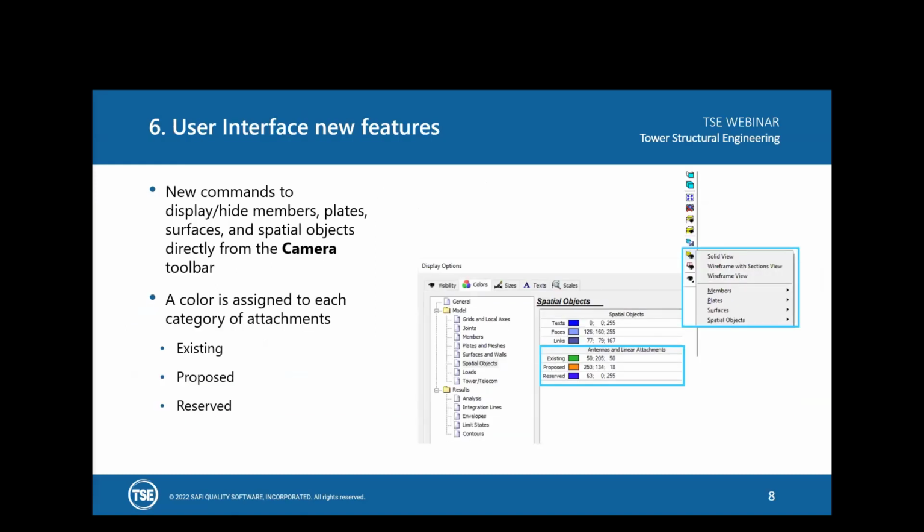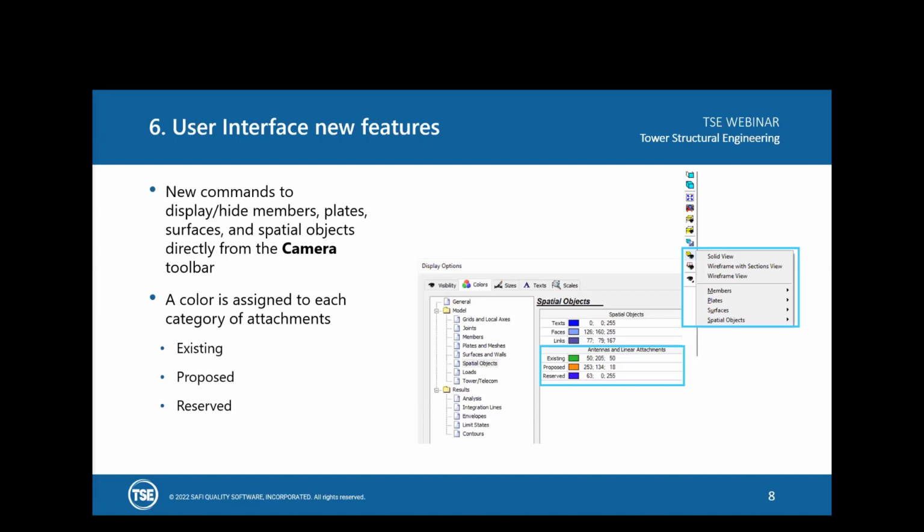There are many other graphical user interface features, including, for antennas and feed lines, an option to specify a category. So it's existing if this attachment is an existing attachment on the tower, or proposed, or reserved on the tower. And depending on this category, there is a color associated to that category that can be user defined.